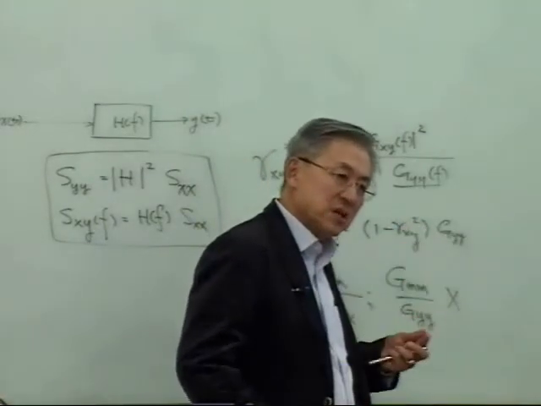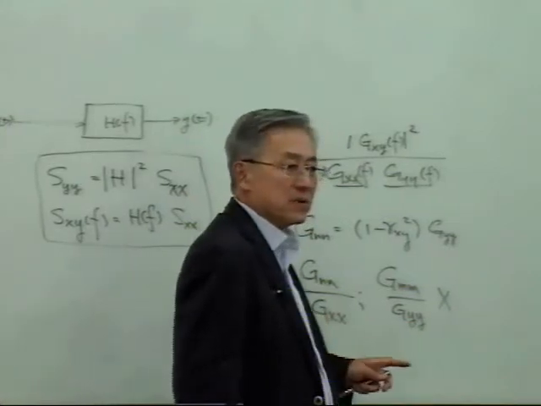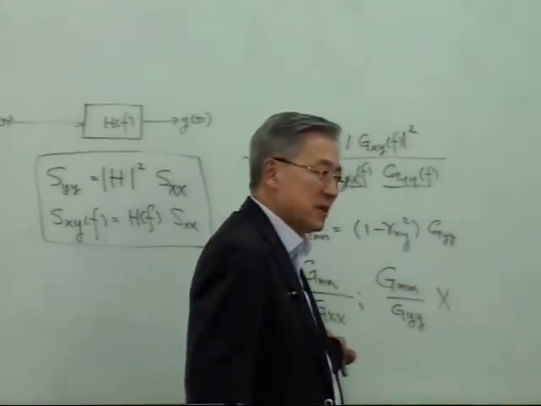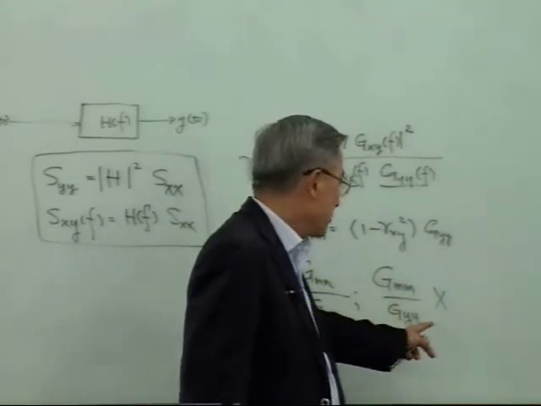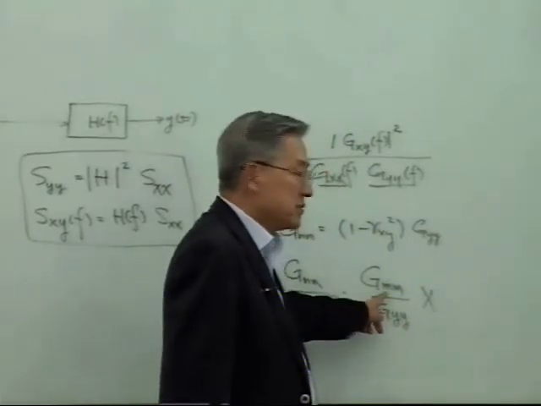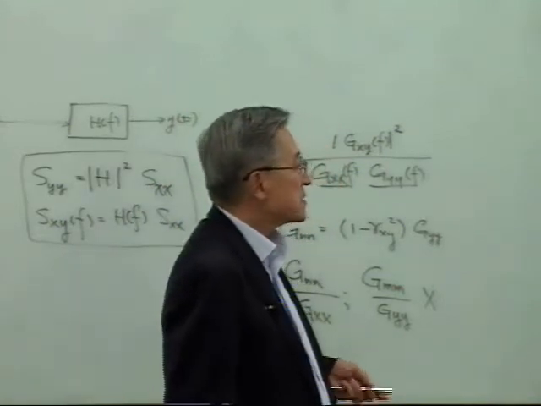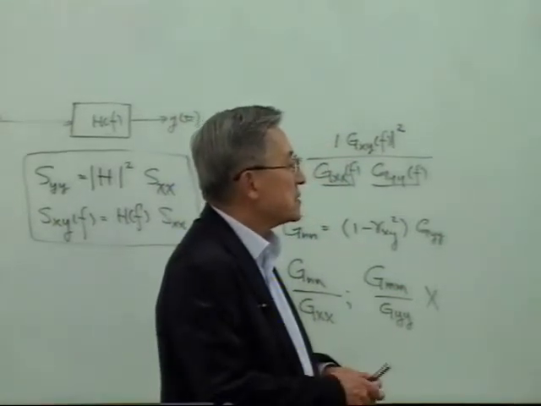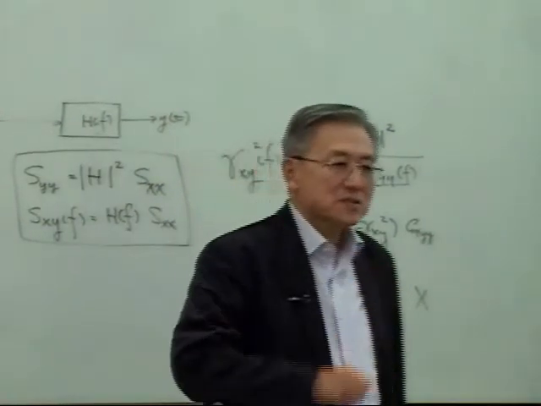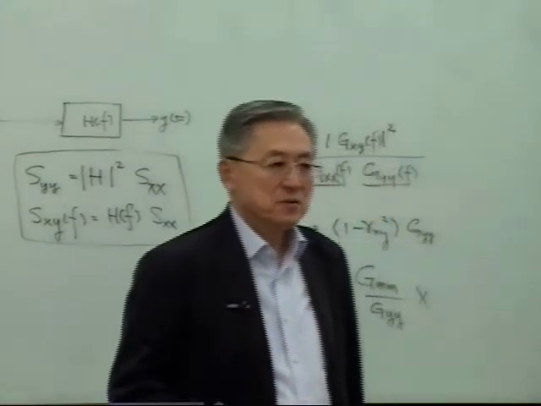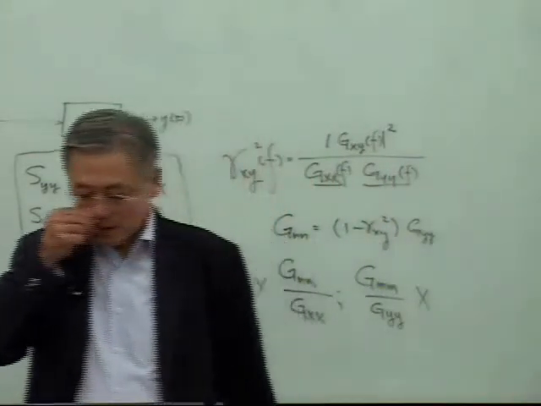Noise on the input side, you have to compare with the input signature X. For the output Y, you have to use the N. Okay? Very clear. So if this is equal to 1, there is no noise contamination. If it is equal to 0, there is full of noise.